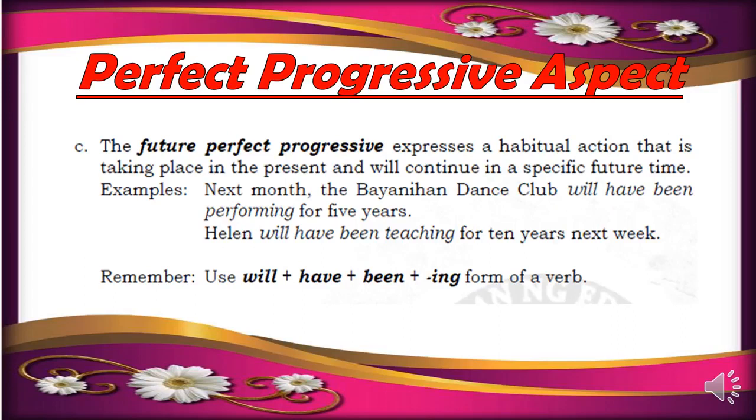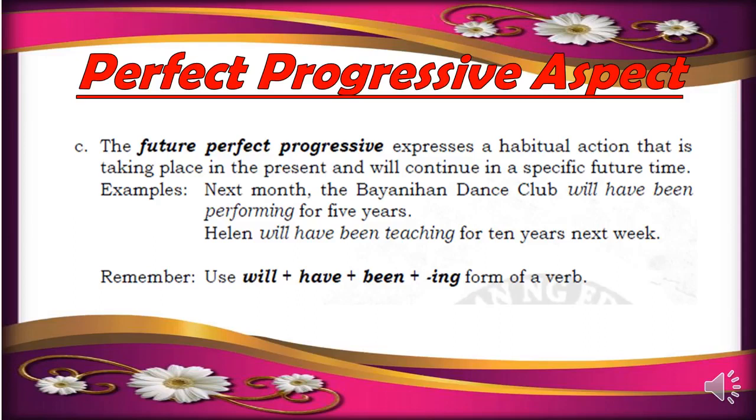And we have also the future perfect progressive. So it expresses a habitual action that is taking place in the present time and will continue in a specific future time. Example, next month, the Bayanihan Dance Club will have been performing for 5 years.